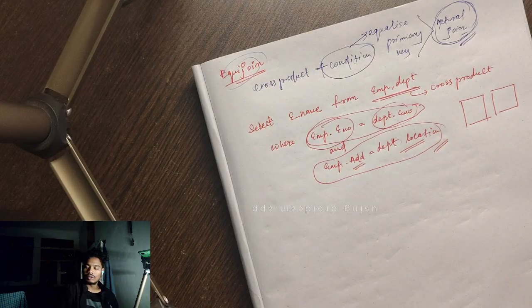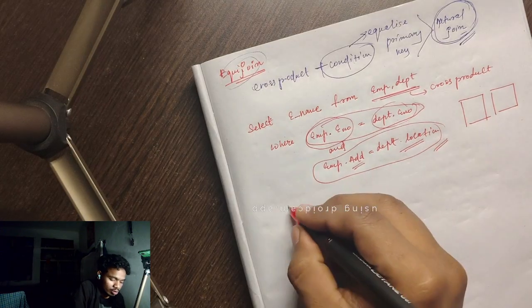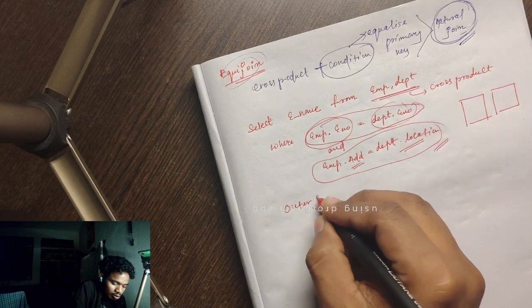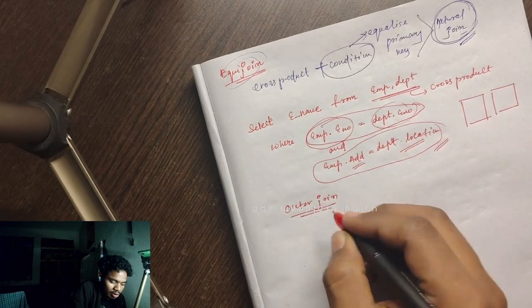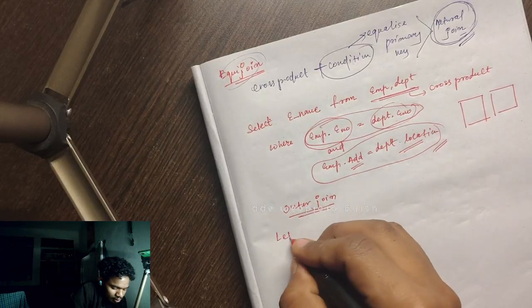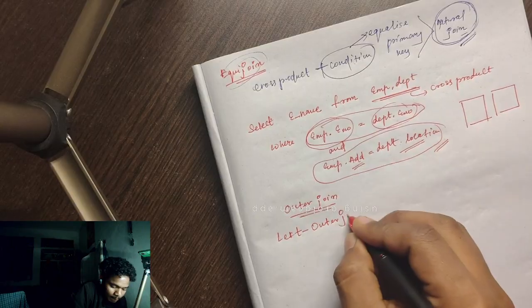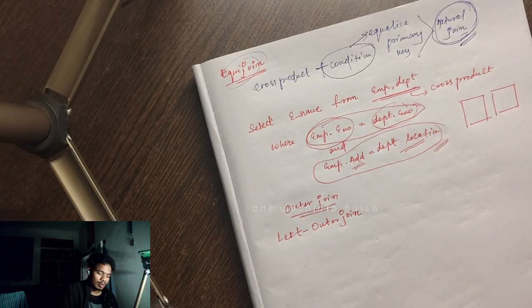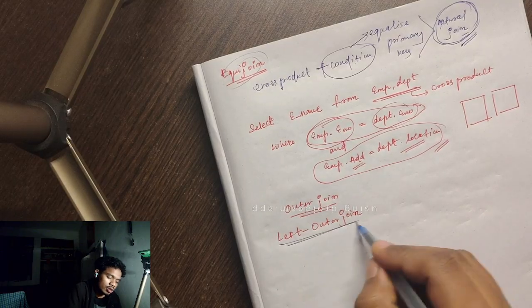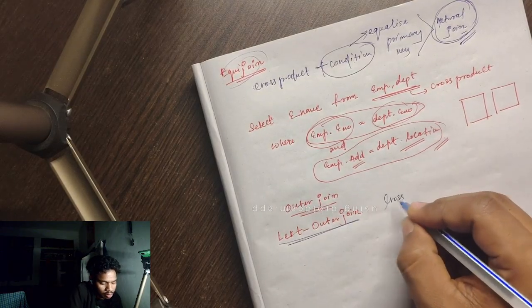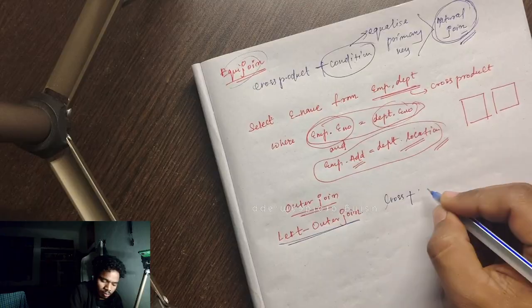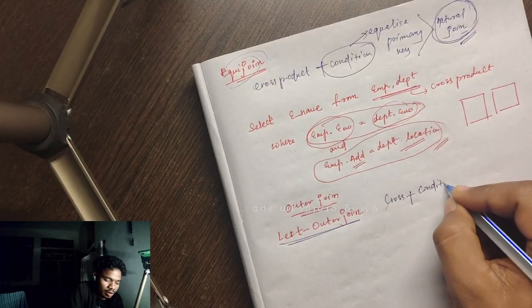Now we are going to study about the outer join. In outer join, we will study first the left outer join. What is left outer join? This is also cross product plus some condition.